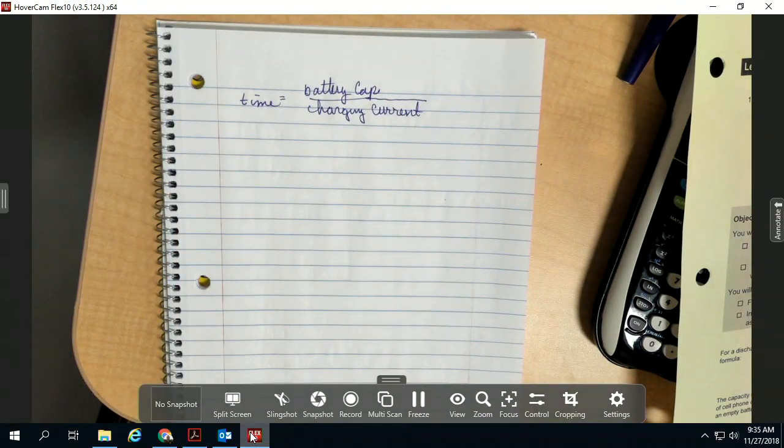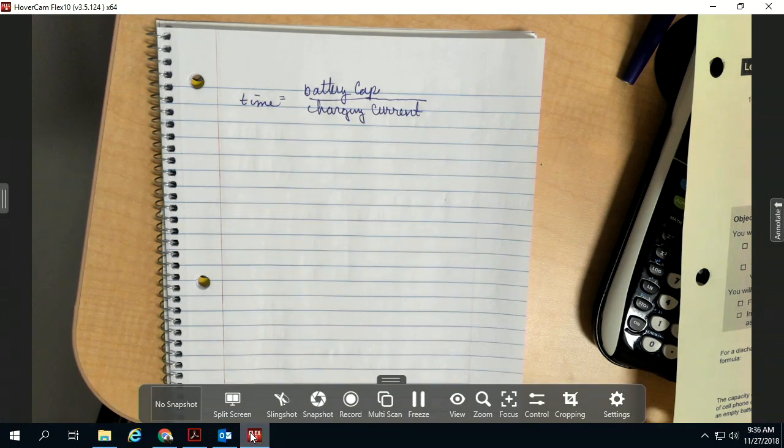This is a very common equation in many fields. I'll give you an example. How long you wait in line at Quick Trip, the time is a function of how many people there are in line divided by how many clerks there are waiting on people.